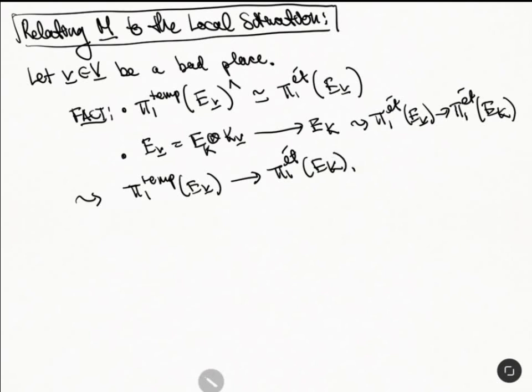All right, so we have that now. And let's call this C. This is the completion map.